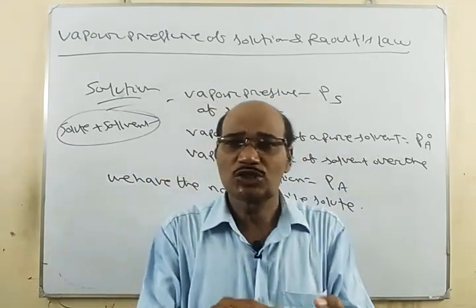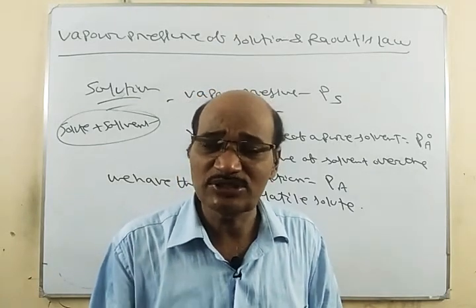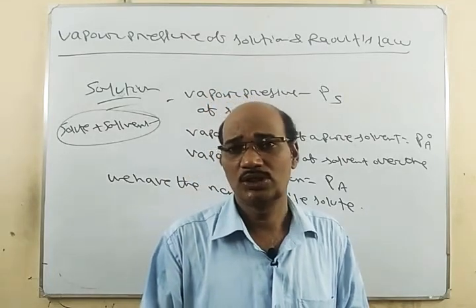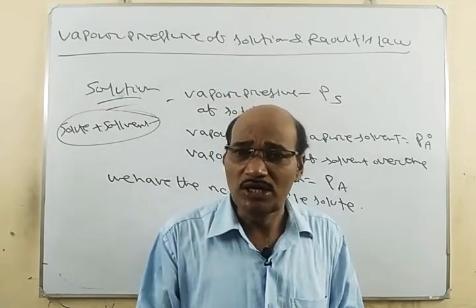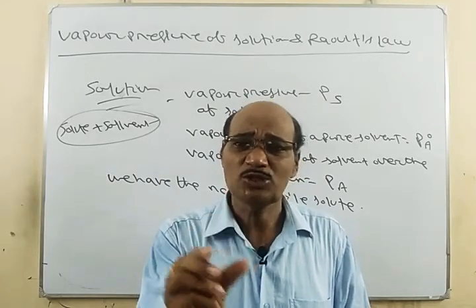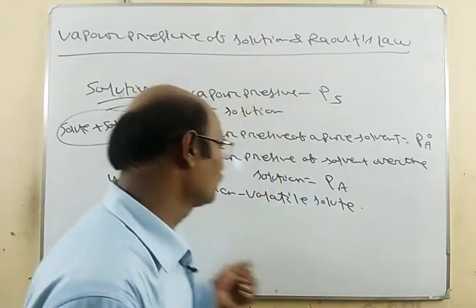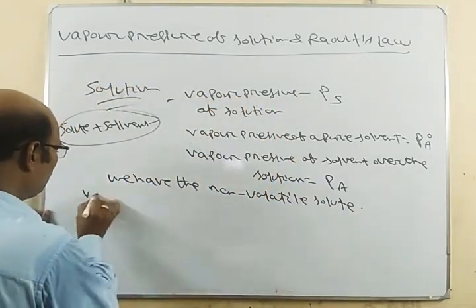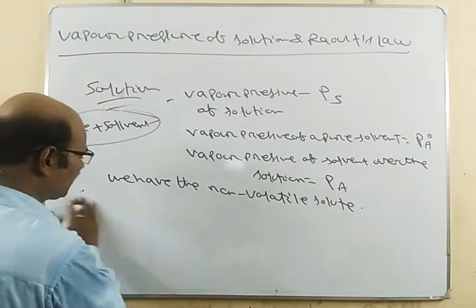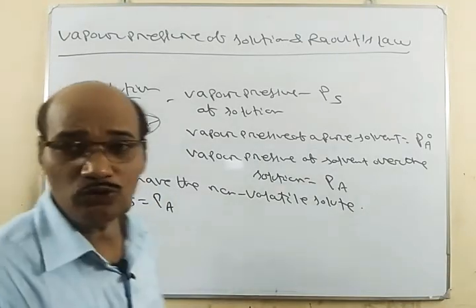So we have the solute and the solvent. This solute is non-volatile, that means it is not giving any vapors. So the vapors are only of the solvent. So you can say the vapor pressure of the solution is equal to the vapor pressure of the solvent, that means PS is equal to PA.